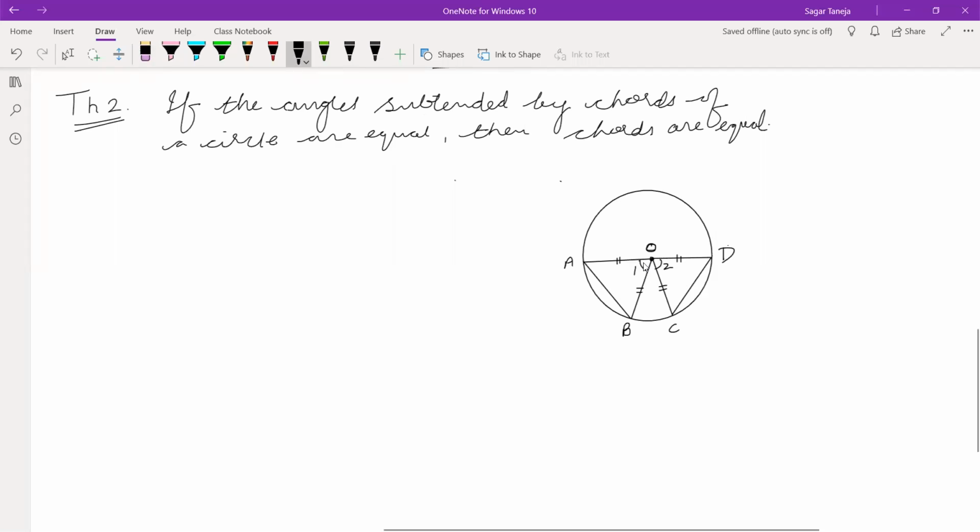So here, see this, Prerna. AB is a chord, and with the help of the end points of this chord, we have made an angle at the center. So this making of angle at the center with the help of a chord means the chord is subtending an angle at the center. Means the chord is making an angle at the center. That's it.